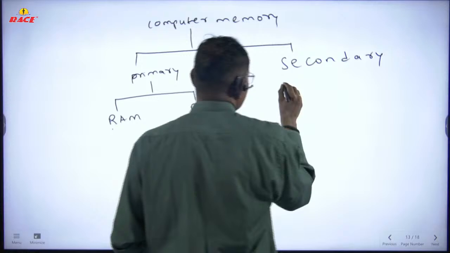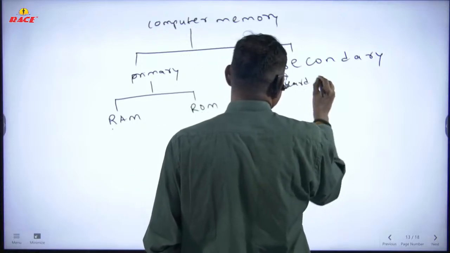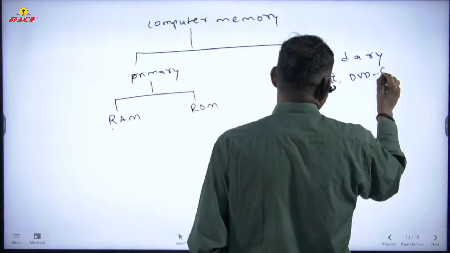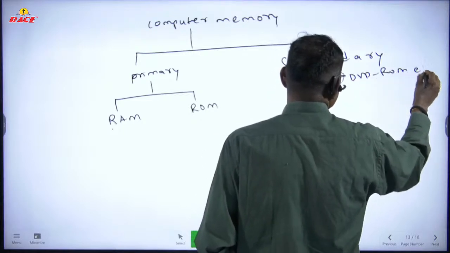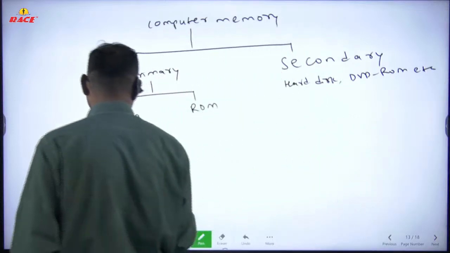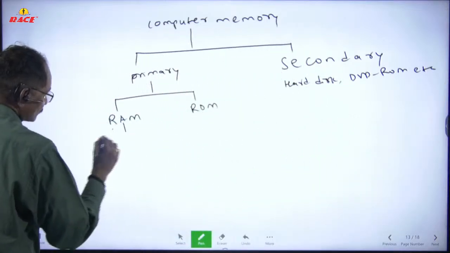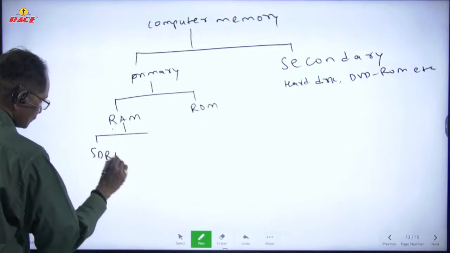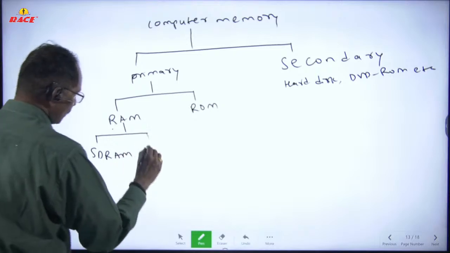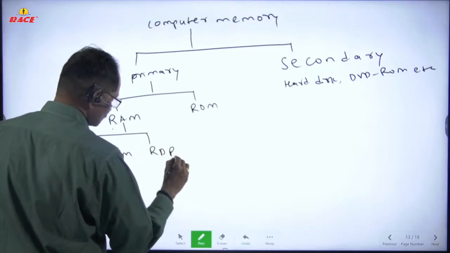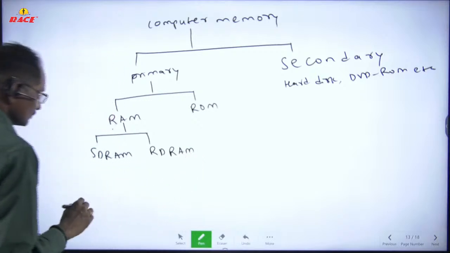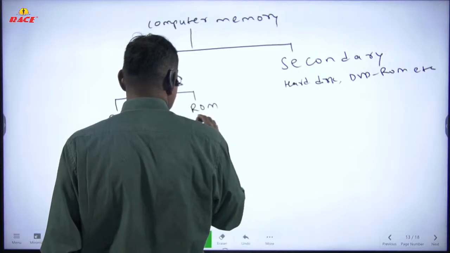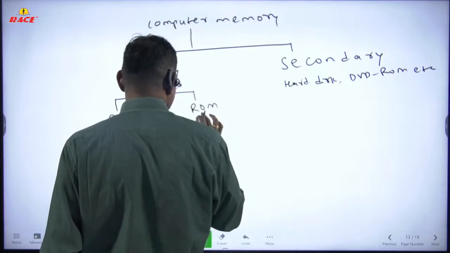Secondary memory examples we can use are hard disk, DVD-ROM drive, etc. And RAM again is divided into two types: SD-RAM or DRAM, static RAM, dynamic RAM. ROM is divided into many types of classification, which I'll show in the book.